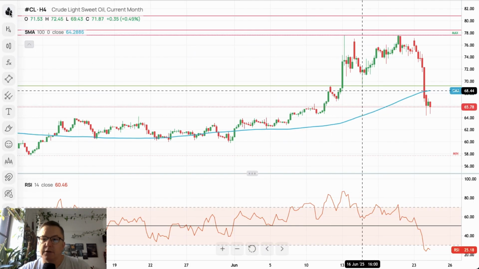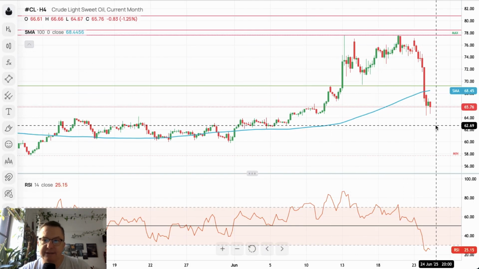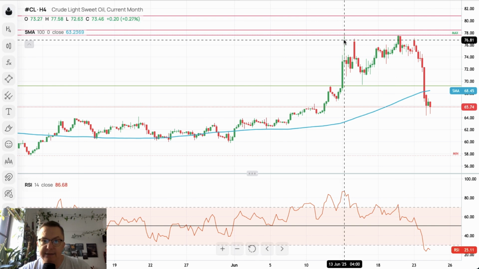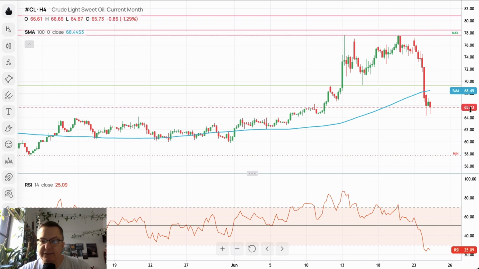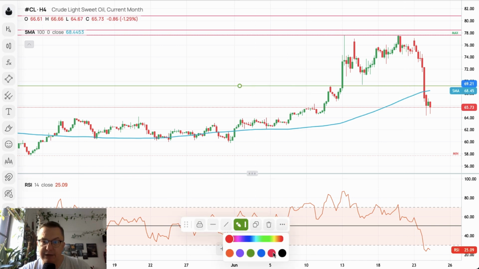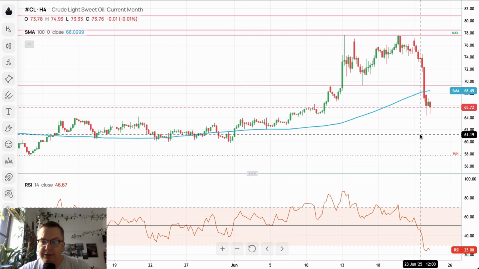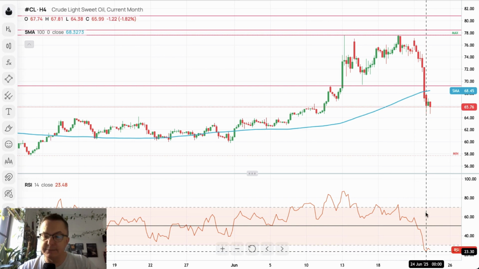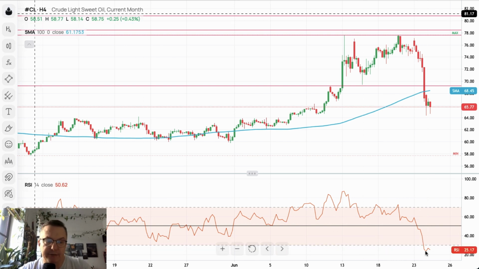What about the crude oil? The crude oil moved down significantly, from the highs of 78 down towards the level of 65. We are below the 100 periods moving average, below the technical level of support at 69.21. Negative momentum. Extremely oversold market conditions on a 4-hour time frame chart.